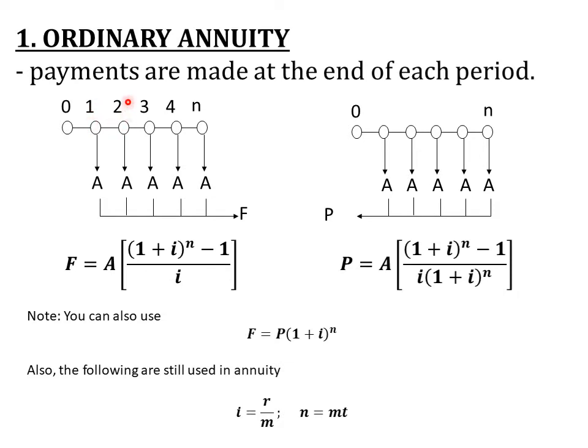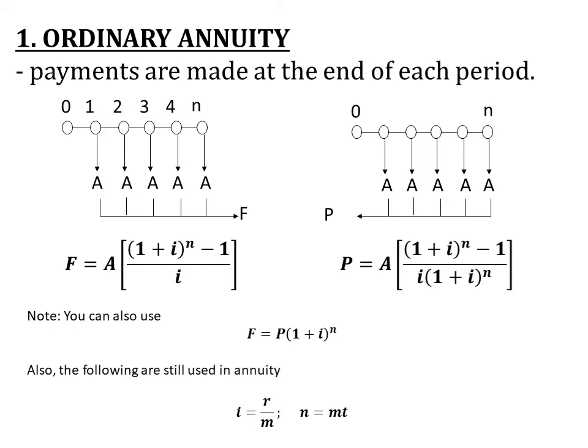And then you have here the end of the second period, where you have the payment A. And so on and so forth, for the end of the third period, payment A, end of the fourth period, payment A. Let's say every period is monthly or annually. At the end of every month, you're going to pay, or at the end of every year, you're going to pay. So that is ordinary annuity: every end of each period.